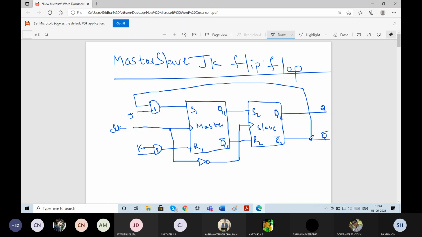As I was telling you, you need to remember the circuits. This is my Q, which is given to the second AND gate where I've connected K. So Q is connected to the second gate, Q bar is connected to the first gate. So this is a complete master slave flip flop.